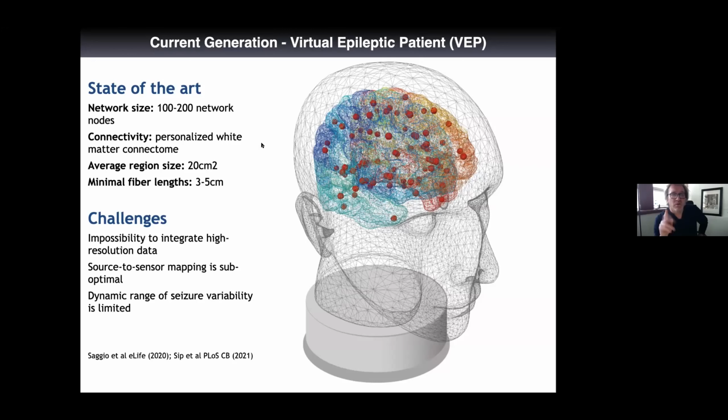Okay. So state of the art. If you're on this level of resolution and you collapse the tissue, then we are dealing with region sizes of 10 to 20 square centimeters, fiber lengths of 3 to 5 centimeters, minimal. So it's actually huge. There is first information that you should realize. If you want to have high resolution multi-scale information and it's collapsed into these little red spheres that you see here, most of this information is probably completely washed away.